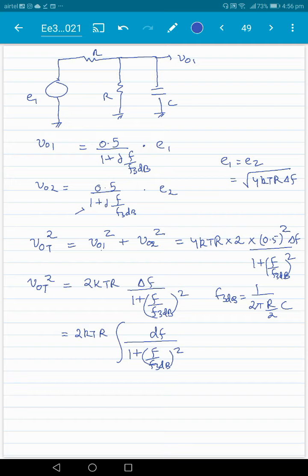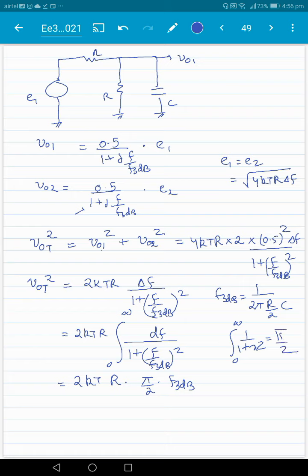And the integral is straightforward. So we can write this as 2 kT R times pi by 2 times f3 dB here. Note that the integral of 1 over 1 plus x square, and we are doing it from 0 to infinity, is equal to pi by 2.